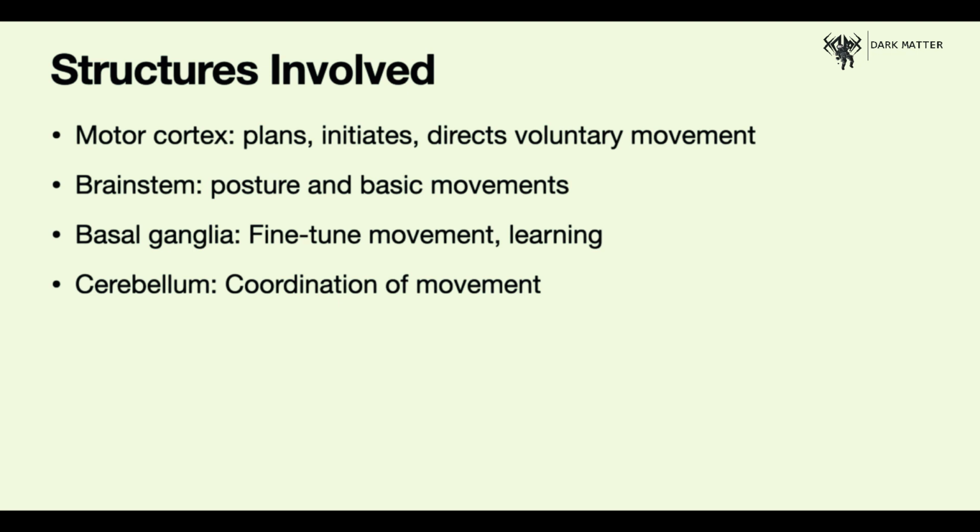The basal ganglia are involved in fine-tuning and regulation of movement, but more recent research has actually started to uncover more interesting roles for the basal ganglia, such as motor learning. So the basal ganglia are still more or less a mystery. There is still a lot more that we need to discover about their role in the motor system. And finally, the cerebellum is important for coordination and ensuring that movements are fluid and balanced.